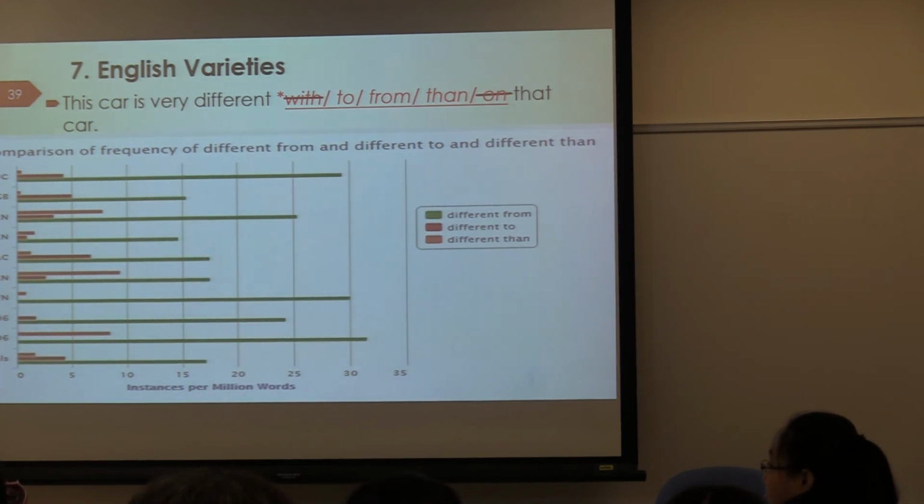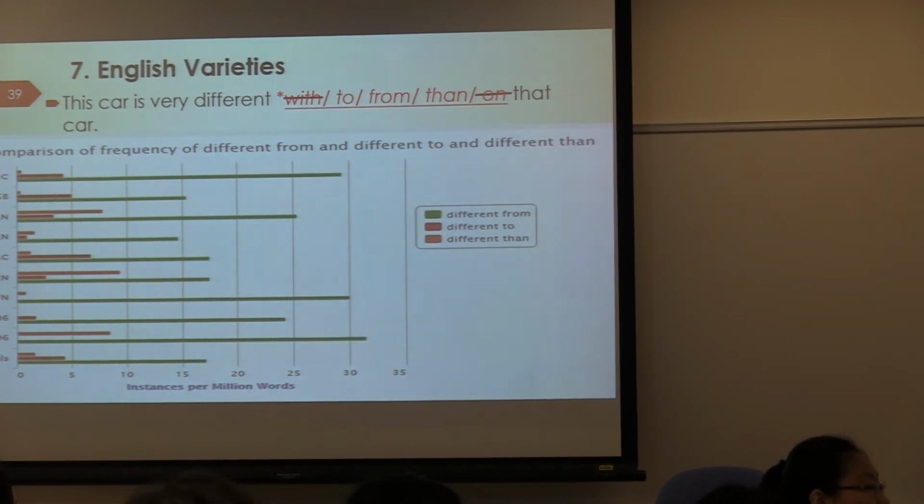Different to, and that one is different than. So British people use different to as well, and they seldom use different than. So again, you can see another difference between Americans and British people.